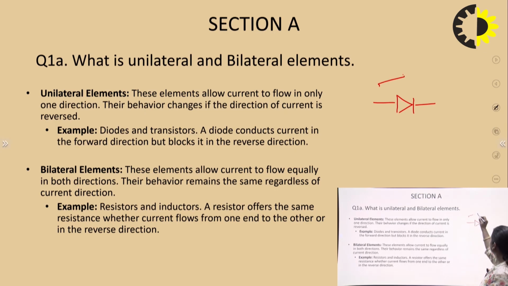For one direction it will be forward bias and for the other direction it will be reverse bias. So current will only flow in one direction, and if the direction is changed, its behavior also changes. It means in the other direction it will behave in reverse bias.